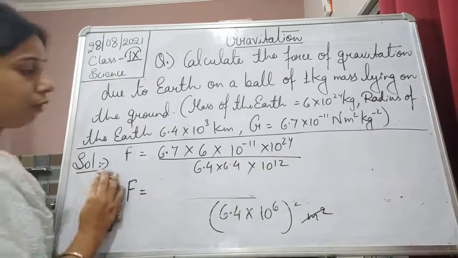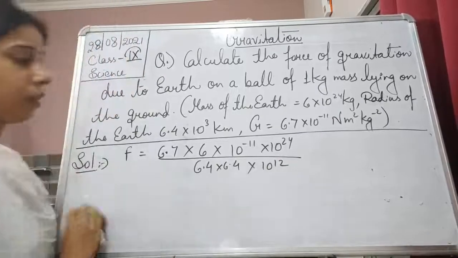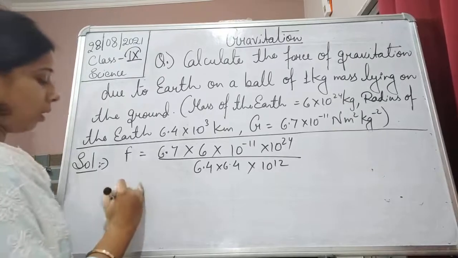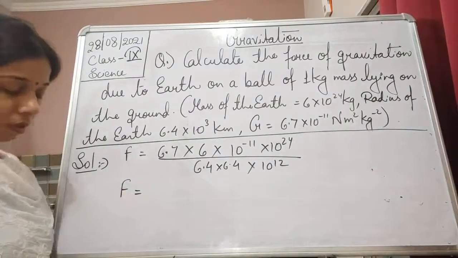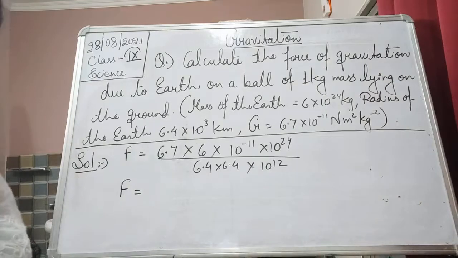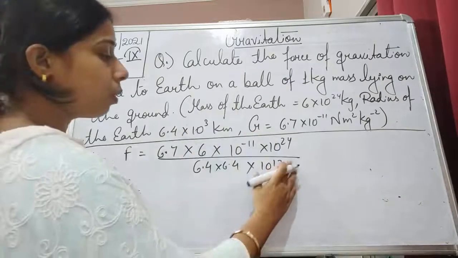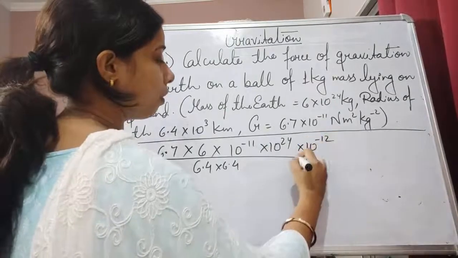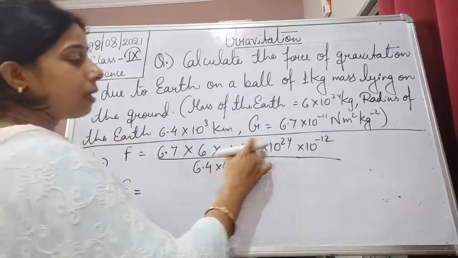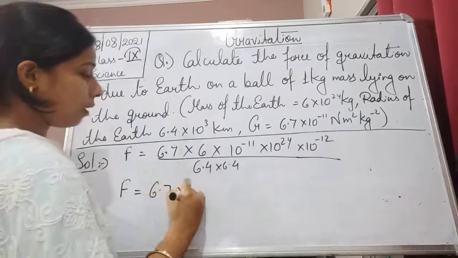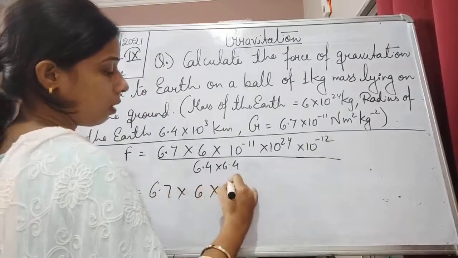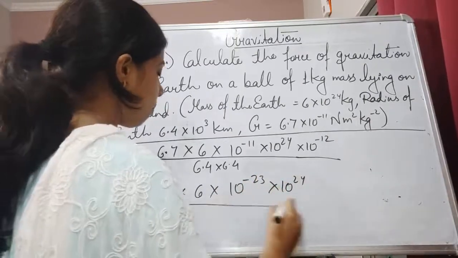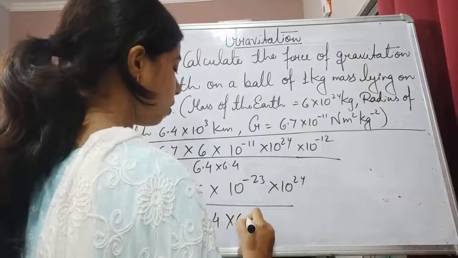Okay, so first of all we will solve the power one. Now see here, this will go to the numerator and it will become 10 to the power minus 12, so minus 11 minus 12 gives 6.7 into 6 into 10 to the power minus 23 into 10 to the power 24 upon 6.4 into 6.4.